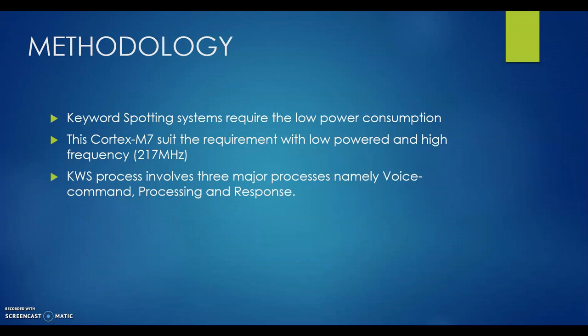Methodology: a keyword spotting system requires low power consumption. The Cortex-M7 suits the requirement with low power and high frequency up to 270 MHz. The KWS process involves three major stages, namely voice command, processing, and response.